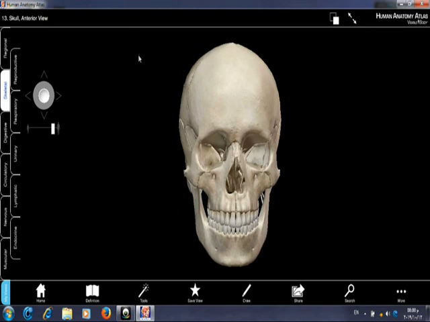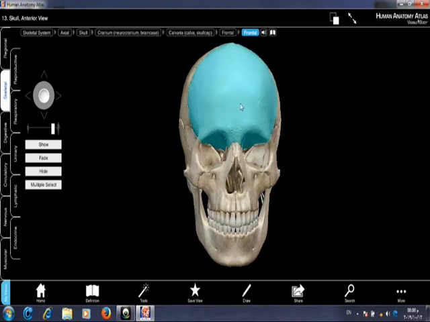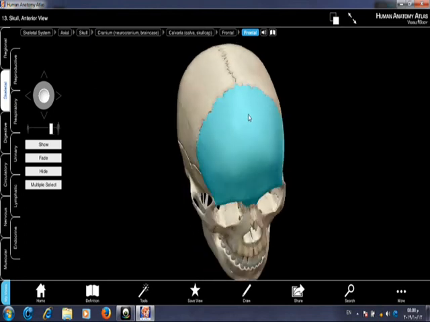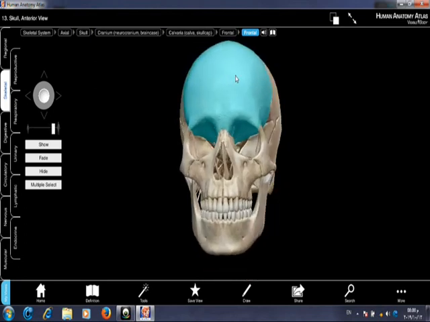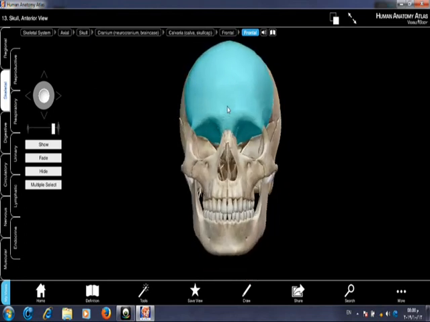Now we will explain the skull, especially the cranium, the part of the skull bone. All this is called frontal. That means in the front, the forehead here.